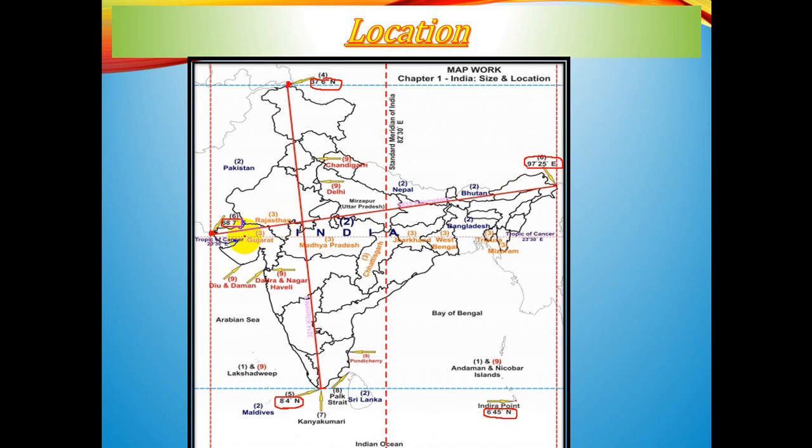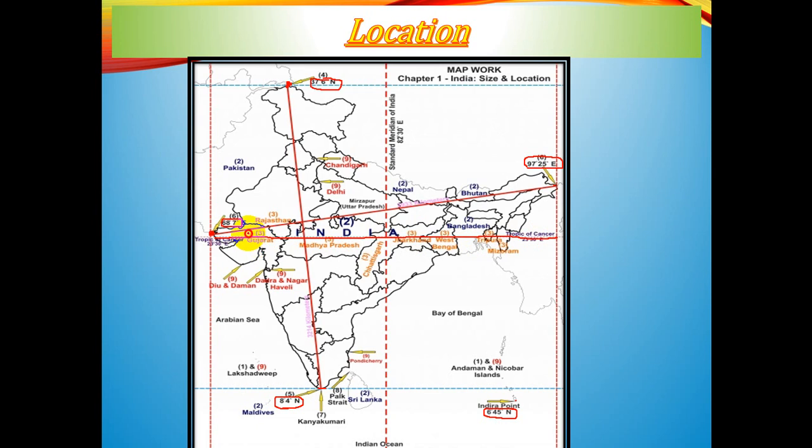Now next, it is the important latitude that divides our country. You can see the line that is following, that is the Tropic of Cancer. Now which are the states that it is intersecting?